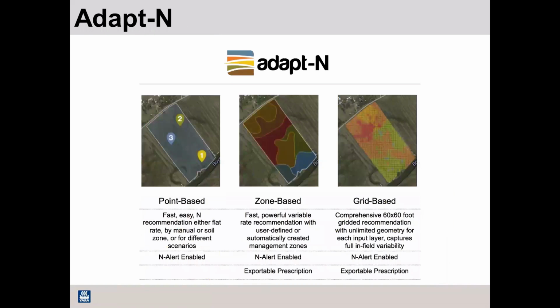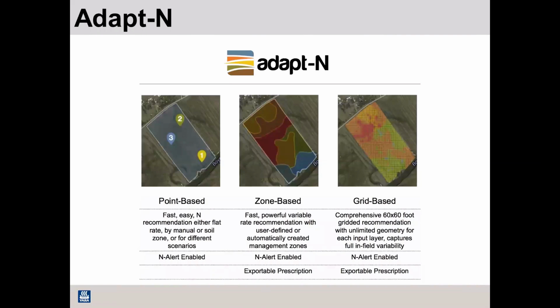So before we jump into the tool, I sometimes skip past this, so I wanted to include this up front. Essentially, we have 3 ways that our agronomist users can create nitrogen recommendations for their growers.